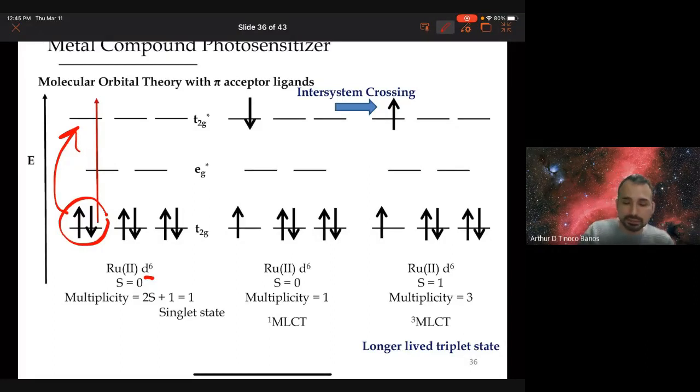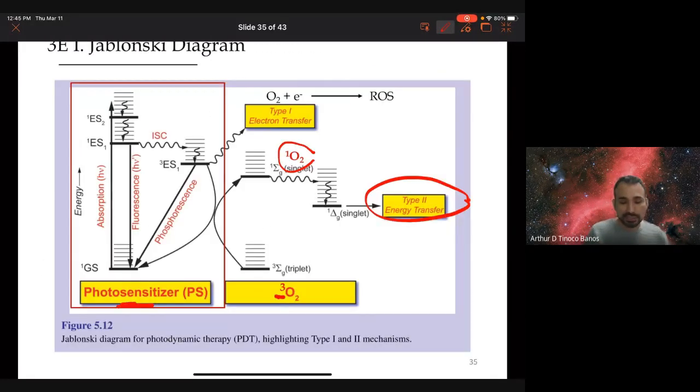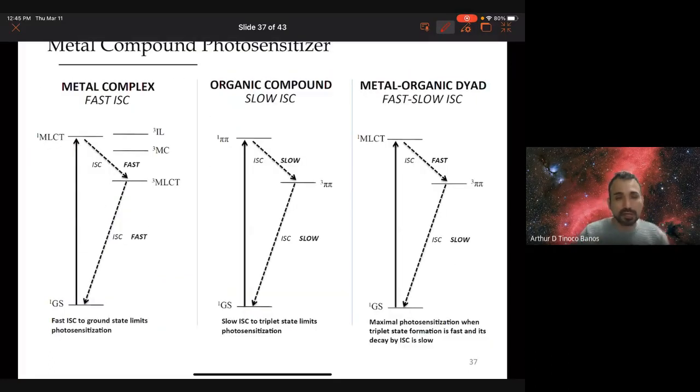And that leads to this excited singlet state. But then you have an intersystem crossing that now gives us an excited triplet state. So that can represent the part of the Jablonski diagram that we see here: excitation to excited state, and then intersystem crossing into the triplet state. So that is reflected with this example of the ruthenium compound.